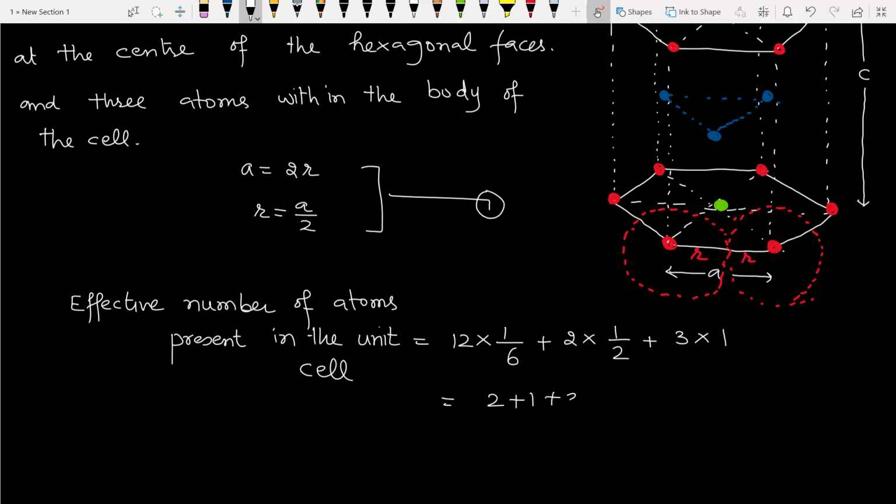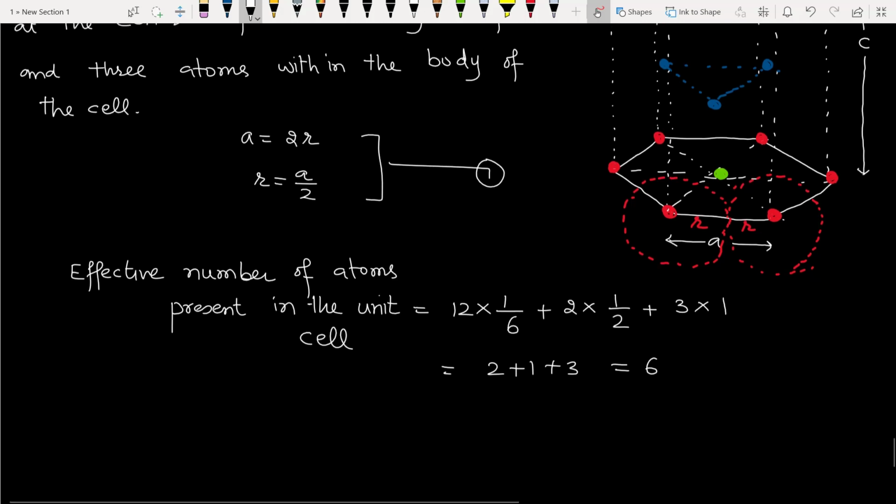So it will be 6. So total number of atoms present in the unit cell will be 6.